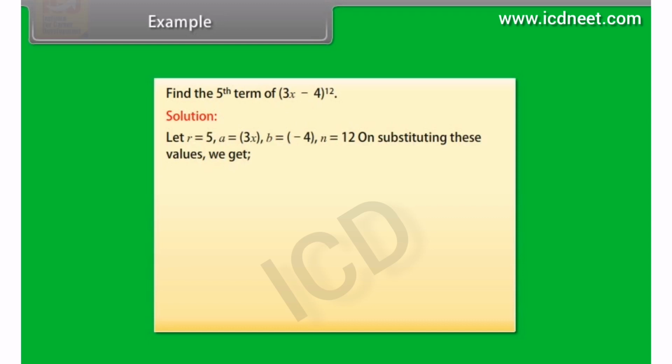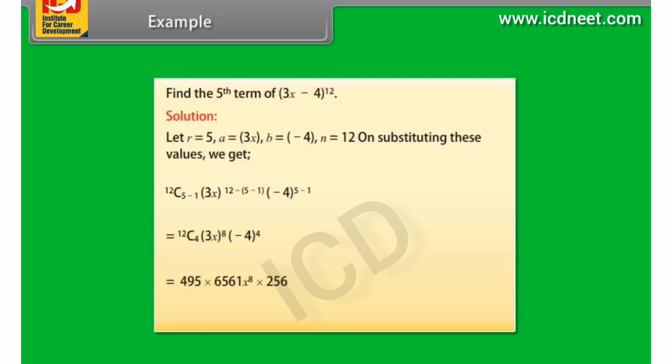On substituting these values, we get 12C(5−1) times (3x)^(12−5+1) times (−4)^(5−1), which gives 83140992 x^8.